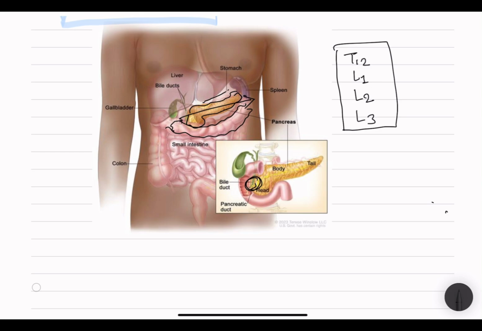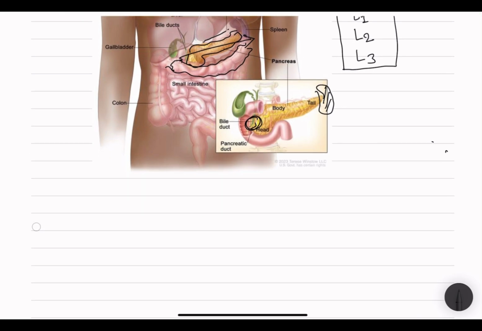And the splenic vein and the inferior vena cava and aorta and superior mesenteric artery and the left psoas, left suprarenal gland and the left kidney and the spleen. So here the location will be the spleen.